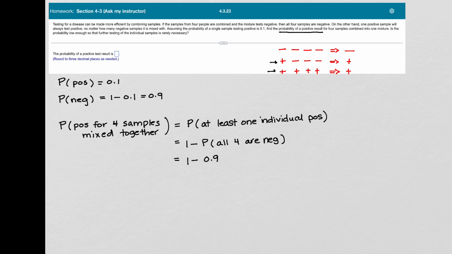So then the probability of the second one being negative is also 0.9, and the third one, and the fourth one. So I'll put this into the calculator as 1 minus 0.9 to the power of 4. And I get 0.3439. So that's the probability of my positive result.